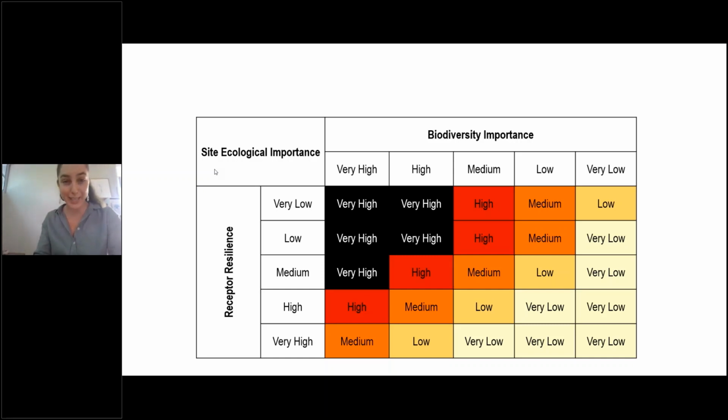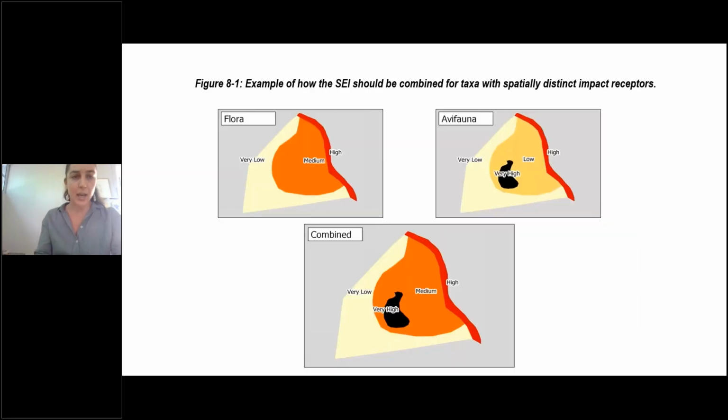We know this is a lot to take in one webinar, but what we wanted to show you is that we've got these very clear ways of categorizing the biodiversity features on site, so that you can actually communicate that. And how this ends up being implemented is that each specialist needs to undertake the site ecological importance and map it spatially.